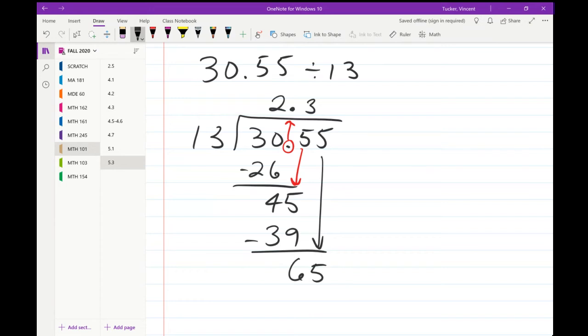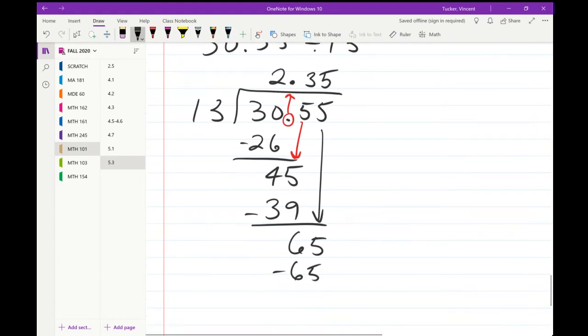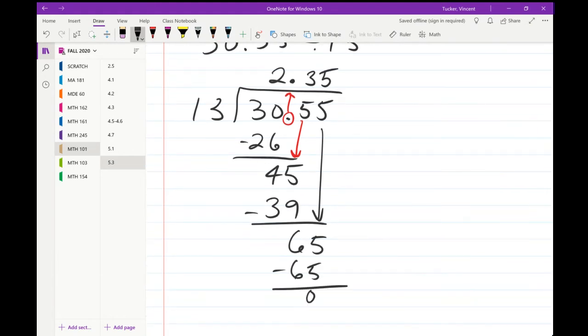So 65. 13 goes into 65 5 times. Remainder 0. So it's your answer. All right. Questions before we look at another one?